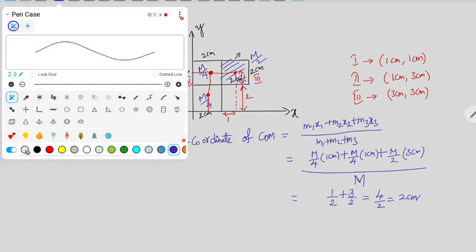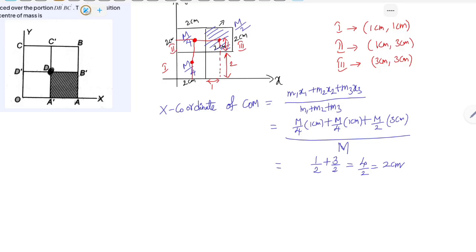This is the x coordinate of center of mass. Let me find the y coordinate of center of mass. It can be found by using the formula m1 y1 plus m2 y2 plus m3 y3 by m1 plus m2 plus m3.